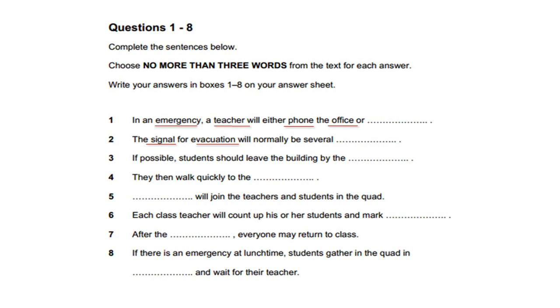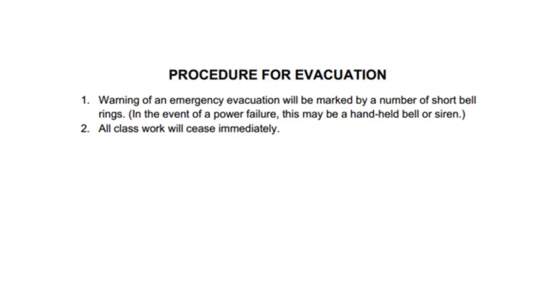Again, quickly return to the text and scan for the answer. A quick tip is that answer 2 should appear after answer 1 in the text, so there is probably no need to read paragraph 1 again. So if we start reading after this point, it says, Procedure for evacuation.